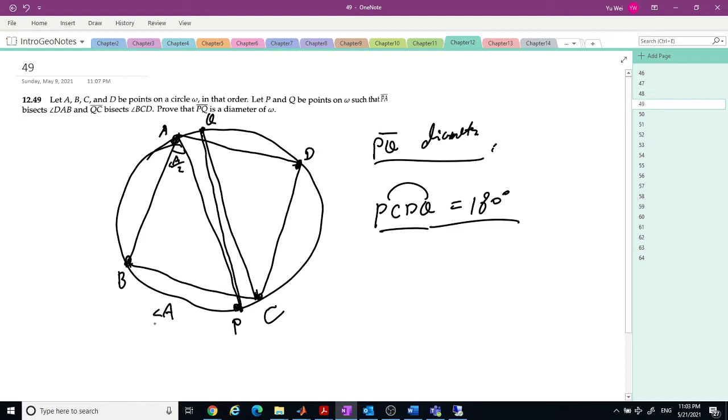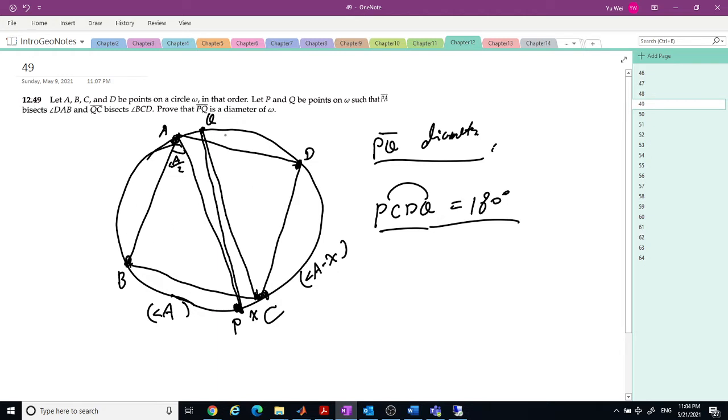So the BP arc is A. Then we know the PD arc is also A. Let's assume the PC arc is X. Then the CD arc is A minus X, because the angle PAD spanned by the arc PCD is A over 2. So that's why.